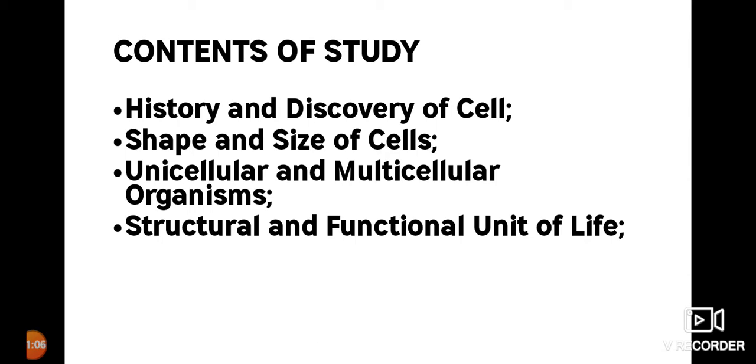We'll study about the history and discovery of cell, shape and size of cell, different types of organisms based upon number, that is unicellular and multicellular organisms. And also we'll try to put forward why the cell is called the structural and functional unit of life.